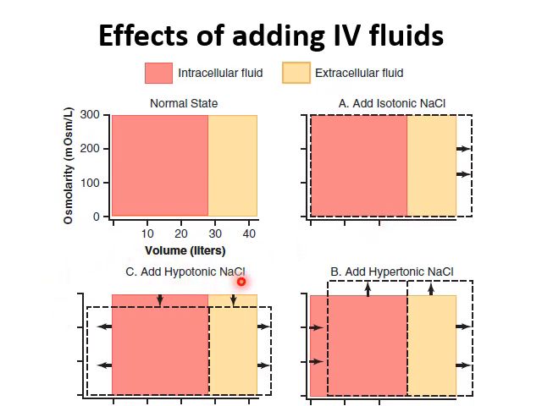And when a hypotonic solution is added, an example being 0.45% normal saline, there is a decrease in osmolality of both ICF and ECF, but there is an increase in volume of both ICF and ECF.